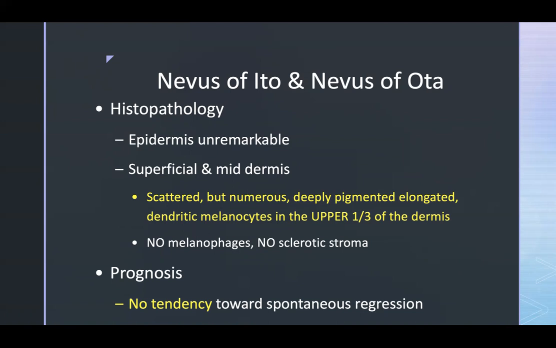You shouldn't expect to see any sclerotic stroma. Again, it's really this bland stroma and collagen background, and then these spindled melanocytes. The prognosis is that there's no tendency to spontaneously regress, so they can be there for quite some time. But you can target these with lasers such as Nd:YAG as well as ruby lasers, depending on the skin of color background.